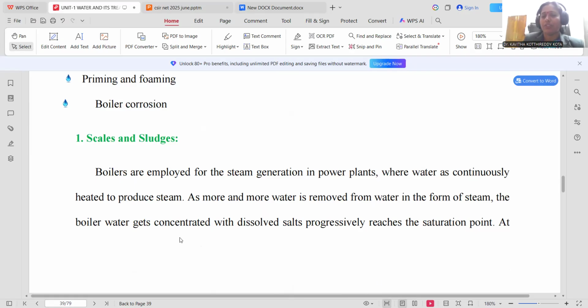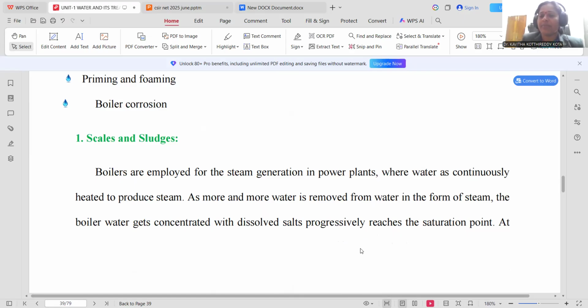Now what happens during that vaporization process, all the contaminants present in the water may not be vaporized, rather they settle at the bottom. Hence water gets concentrated. Whichever water is left in that boiler will be concentrated, and that may reach the saturation point, being excessive impurity content within the water.